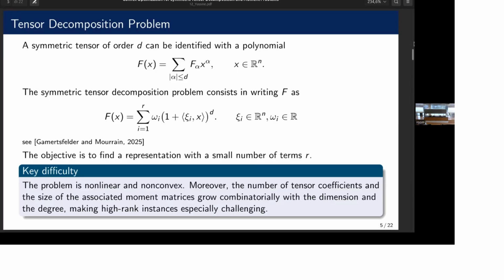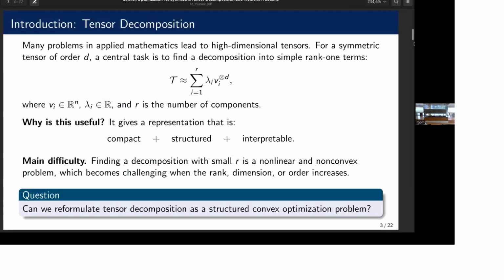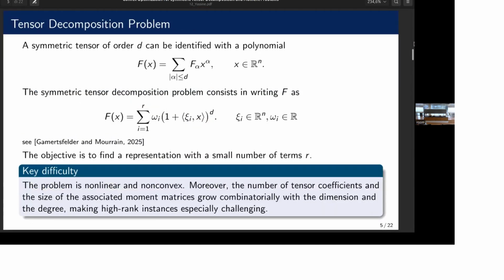However, as I mentioned before, finding this decomposition is highly non-convex and non-linear, and the size of the moment matrix associated with this problem also grows combinatorially with the number of variables and with the dimension of the tensor.